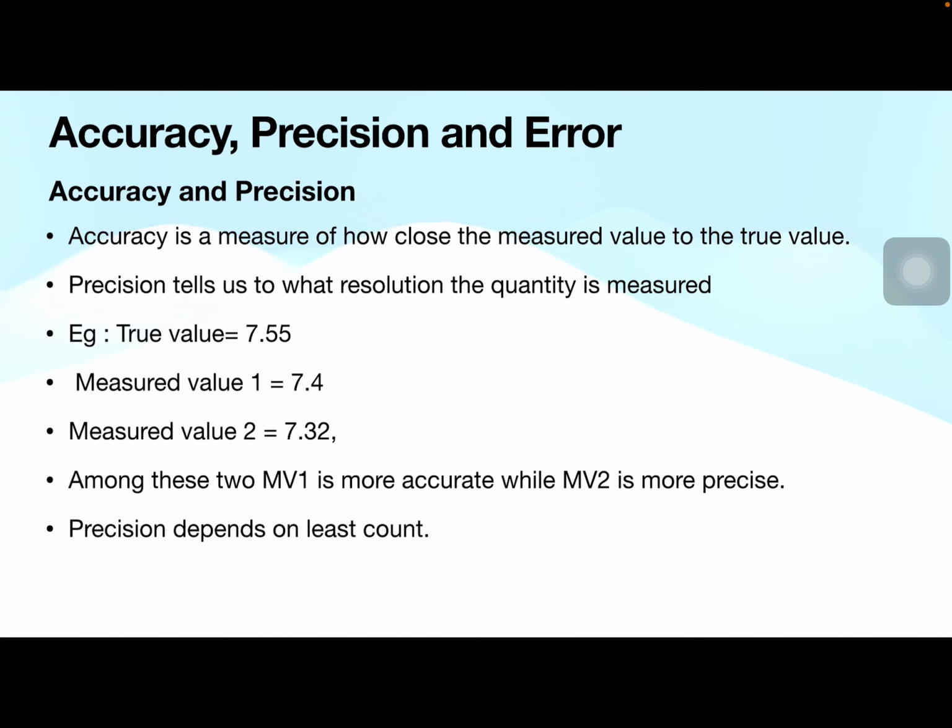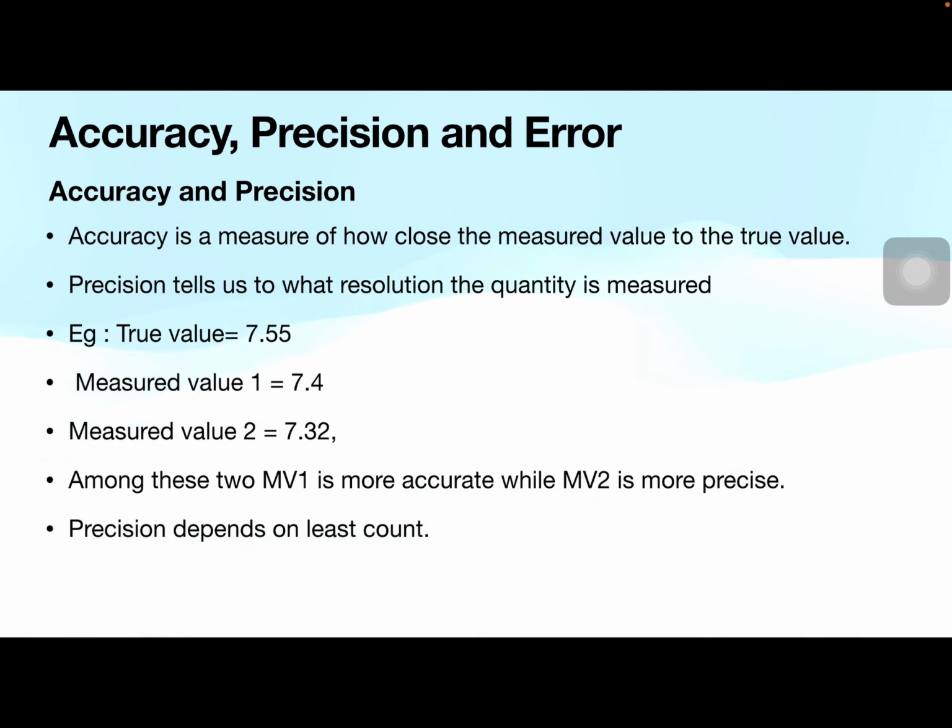I got 74.2 and he got 75.2, but the exact value is 75. Then we check whose value is closer to the true value. The value with less deviation from the true value is considered the more accurate reading.